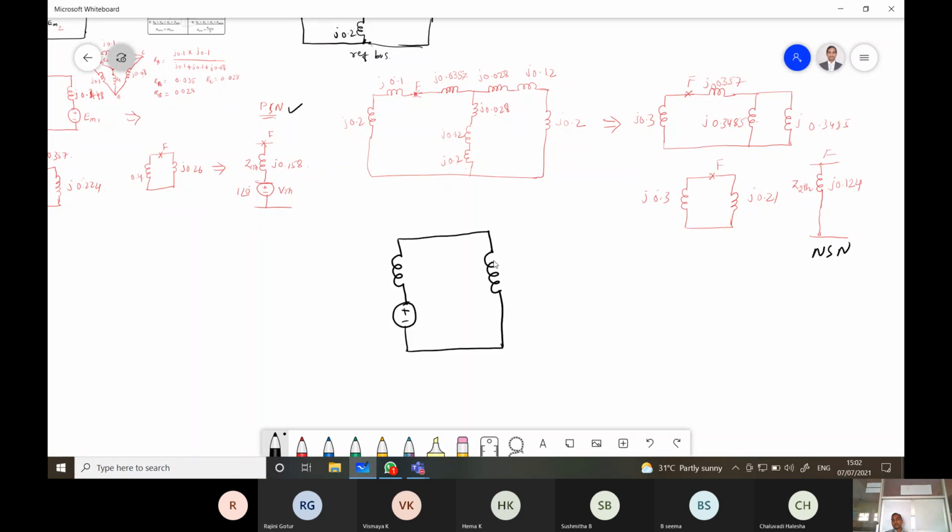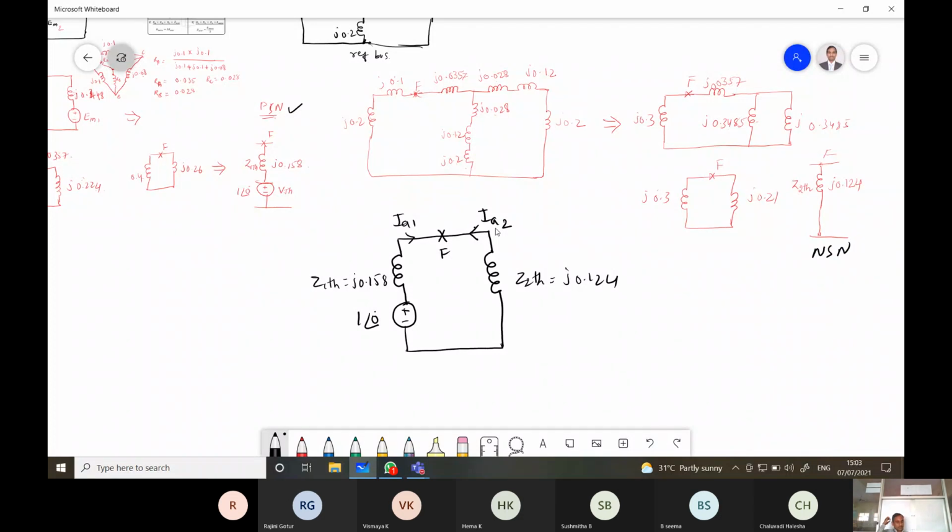So combining both, we will get the circuit. This is 1 at an angle 0. Z1TH is equal to J0.158. Z2TH is equal to J0.124. Current IA1 is flowing like this, and the fault is here. IA2 is flowing like this. Okay.